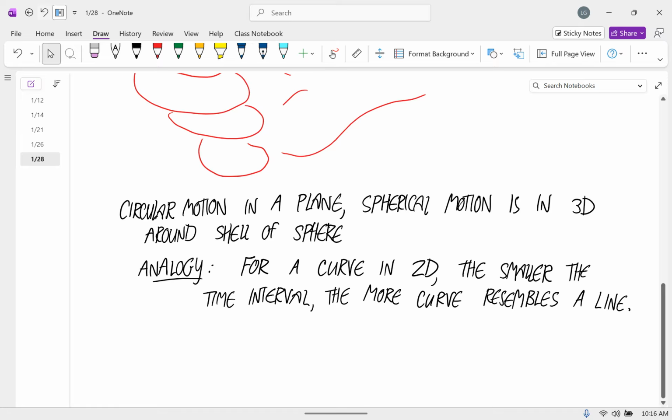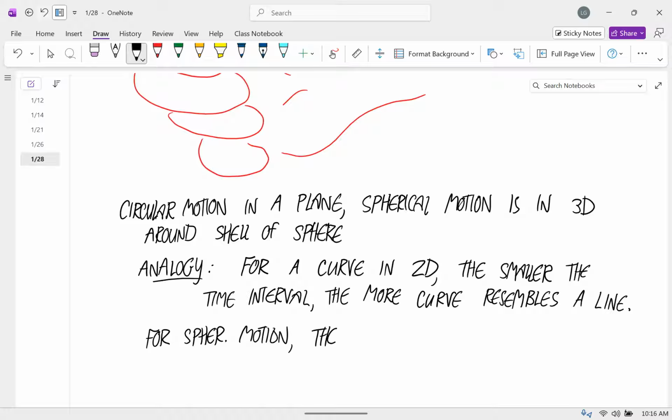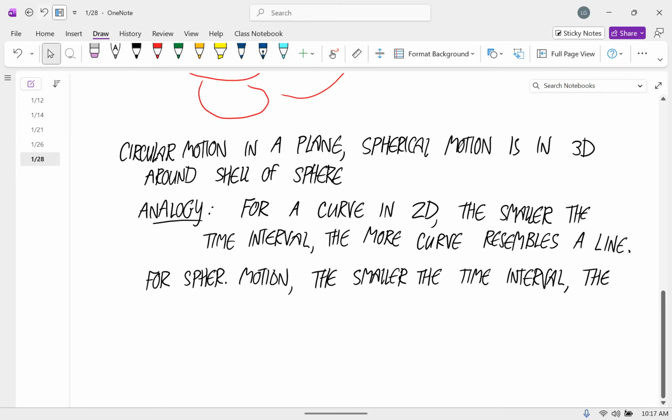So similarly for spherical motion, the smaller the time interval, the more that path looks like a circular path in a single plane.